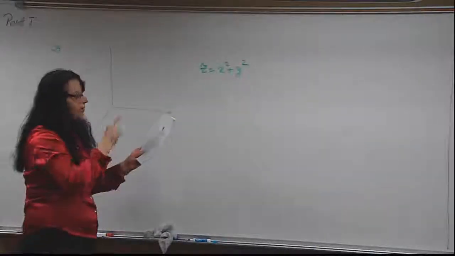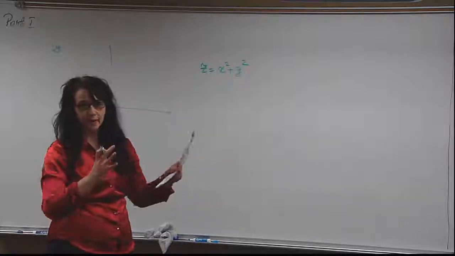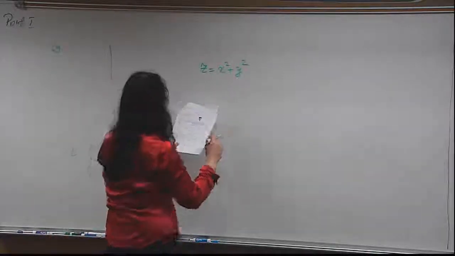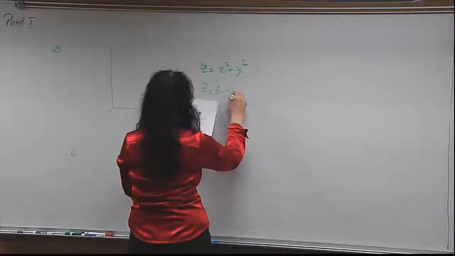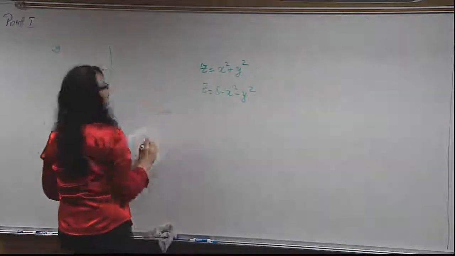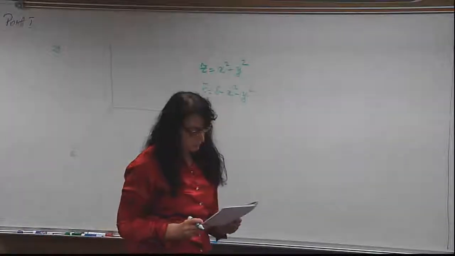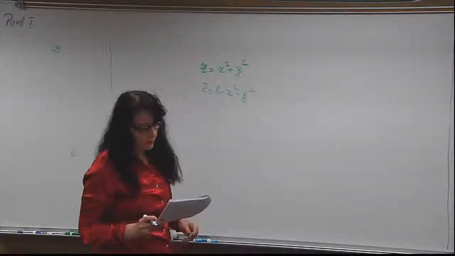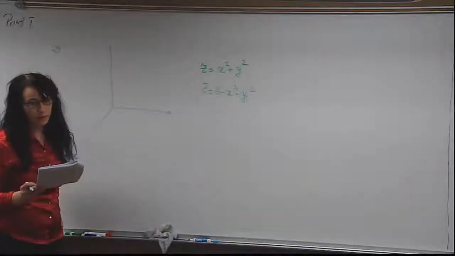They give you y equals x squared plus z squared, so you would have to change completely the configuration of your frame. And then z equals 8 minus x squared minus y squared. I'm changing problem 29, but it's practically the same.